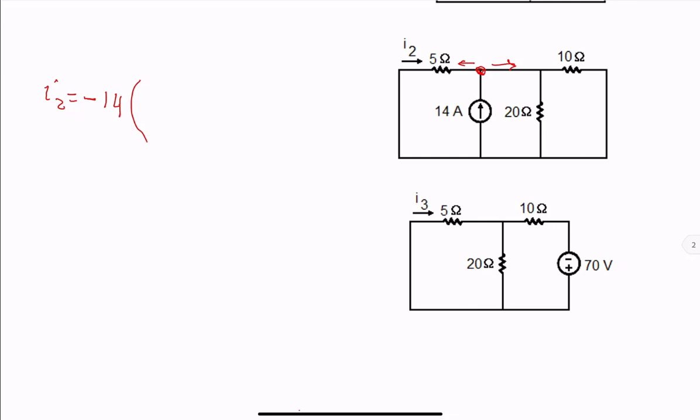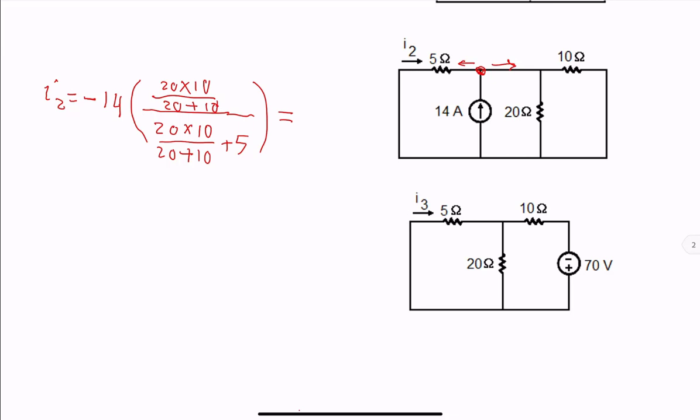Splitting it, again notice that these two resistors are parallel to each other, and that goes in the numerator. So negative 14 times 20 times 10 divided by 20 plus 10, divided by total resistance, which is the parallel combination, plus the 5 ohms resistor.